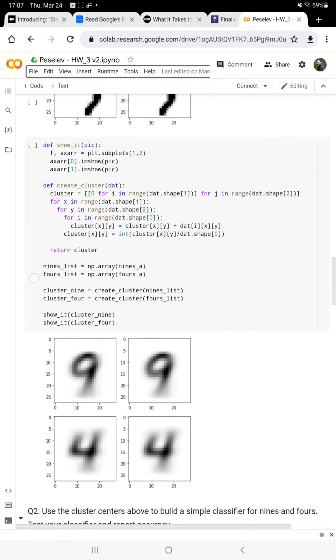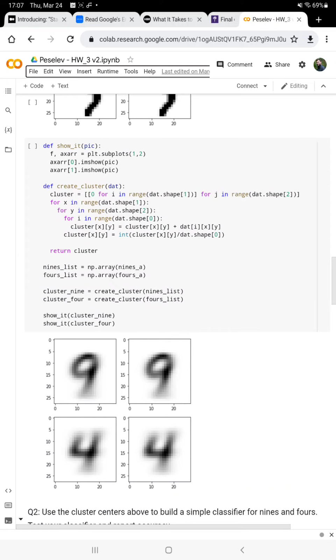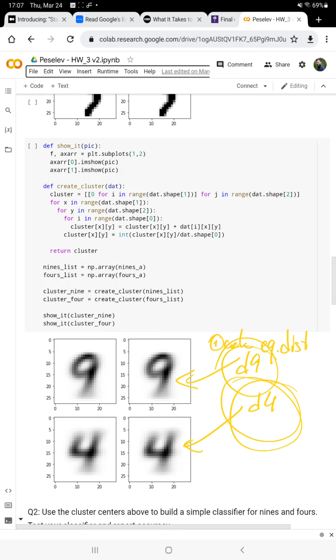Later on I would calculate the Euclidean distance to this. This will be D9, this will be D4, and if this one is closer, I would classify a new observation as 9. If this is a smaller distance, I will classify it as 4. So that's how I went. Again, I'm not sure if this is the right way, but I think it makes sense.